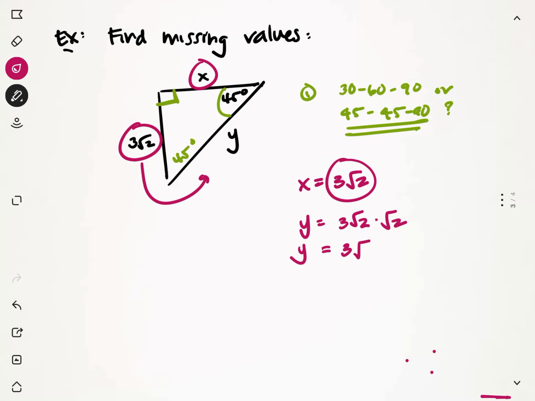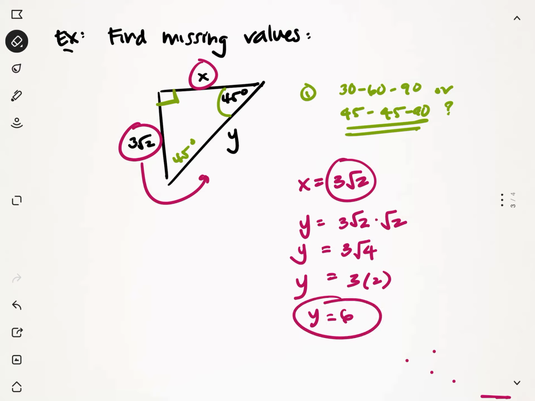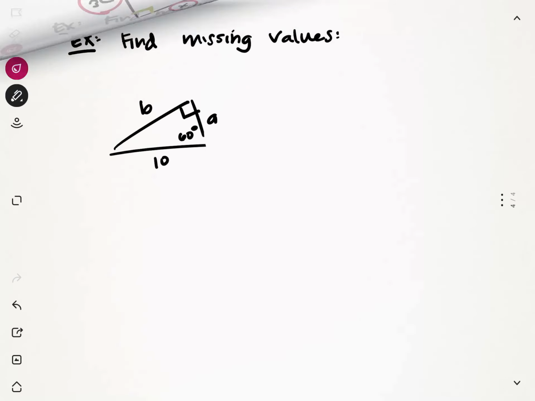So we get 3 square root of 2 times square root of 2 is the square root of 4. The square root of 4 is 2. So y is equal to 6. Alright, so we did what we were asked to do, find the missing values, and we know that x is equal to 3 radical 2 and y is equal to 6, and we're done.